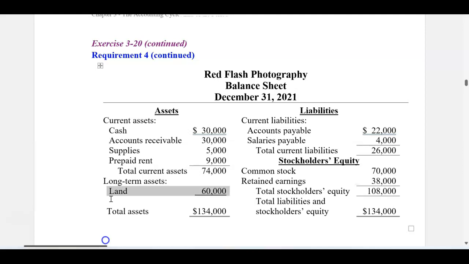Other assets are assets that you cannot categorize in one of the 4 categories above. So assets have 5 categories: current asset, long-term investment, property, plant, and equipment, like land, equipment, building, machineries, intangible assets, and category number 5 is other assets. Anyway, add them up. That's your total asset.